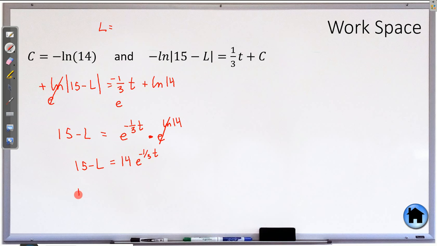So you would have 15 minus 14e to the negative 1/3 t is equal to L. So now we have our function of L and t, which is what they wanted from the beginning. That's about as hard as it gets, but that's pretty hard. So that is separation of variables for differential equations.